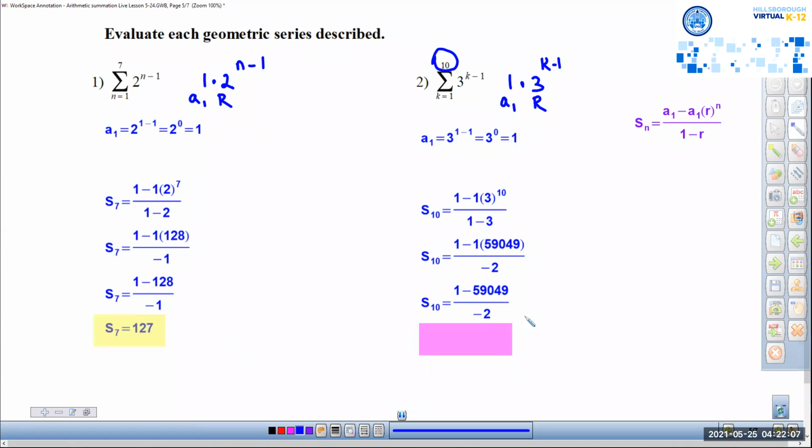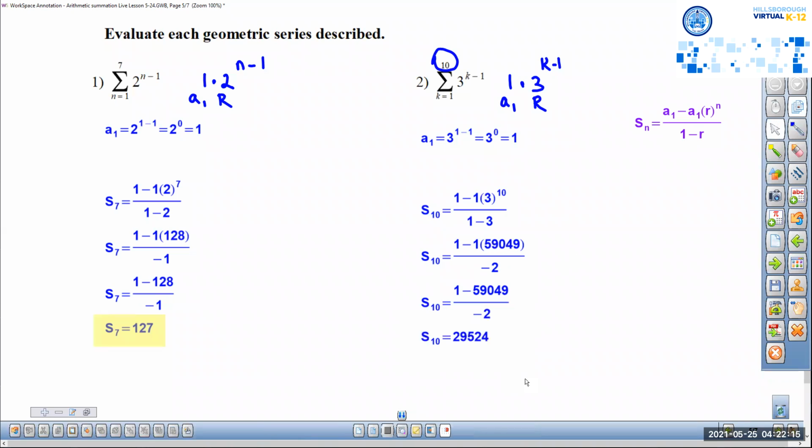That's going to give you negative 59,048. Divide by negative 2, and you will get your answer, which is 29,524.